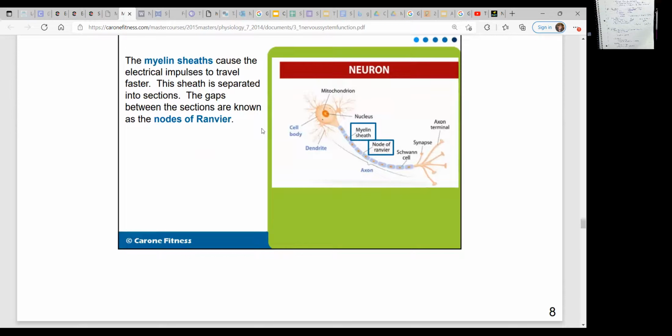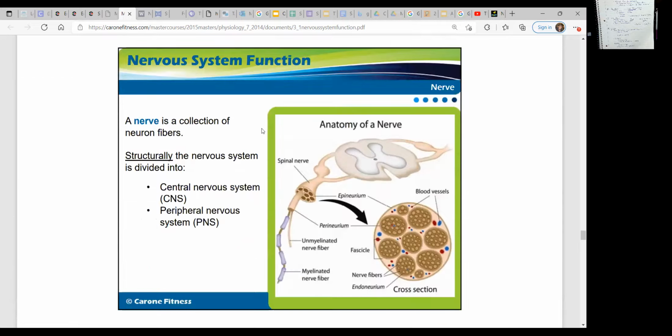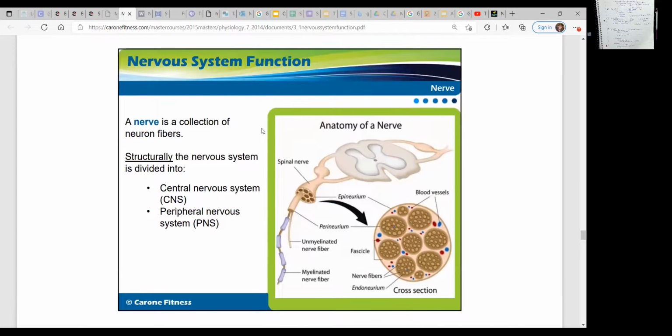That is the protection for the axon, and it helps move that electrical impulse more quickly. And there are gaps in between the sheath, and those are called nodes of Ranvier. And when you get a lot of neuron fibers collected together, we have a nerve.